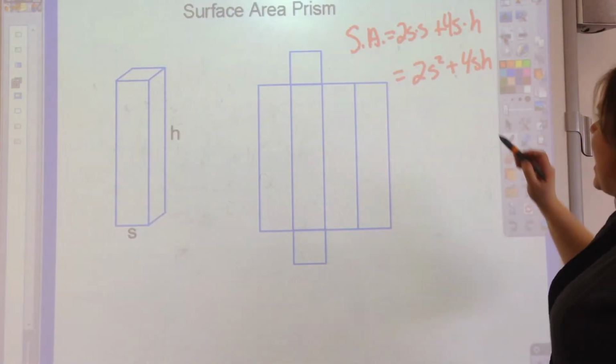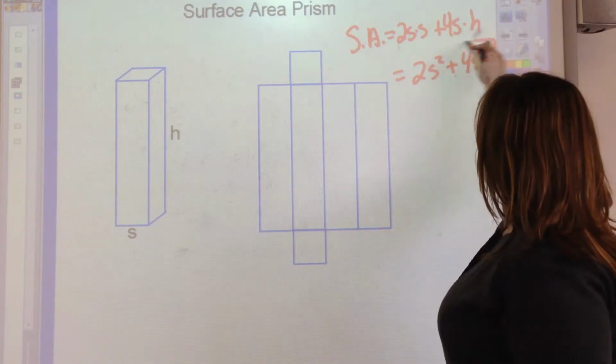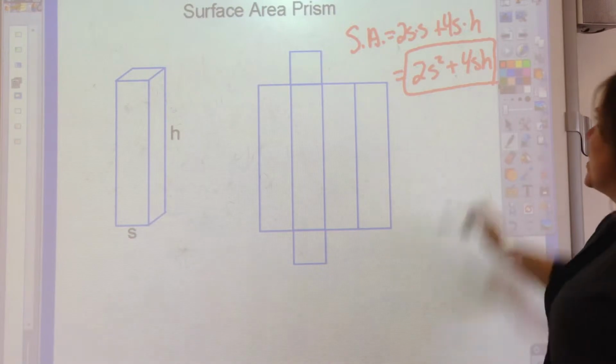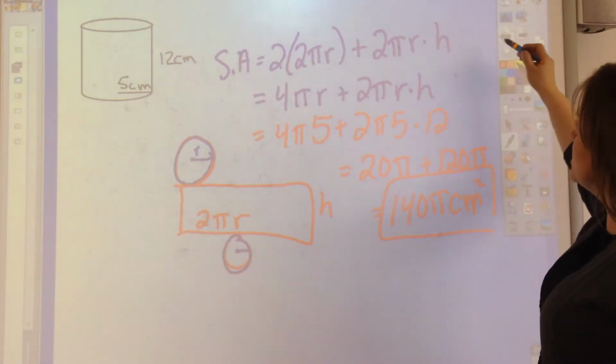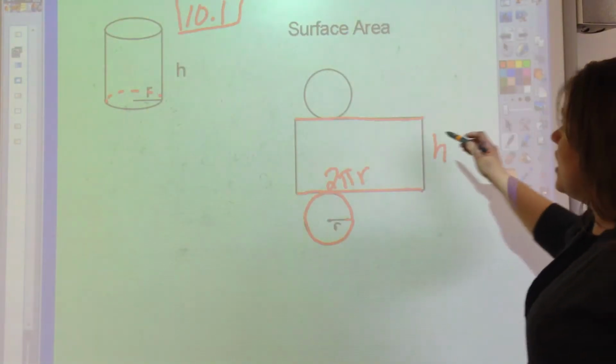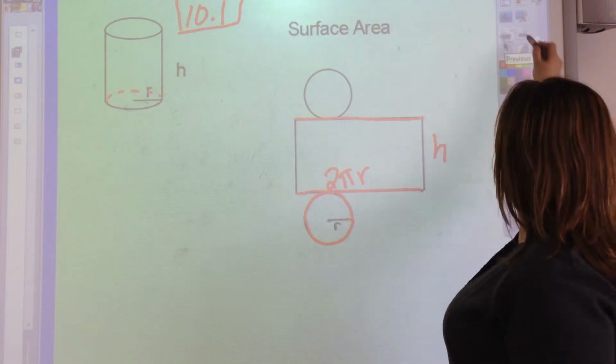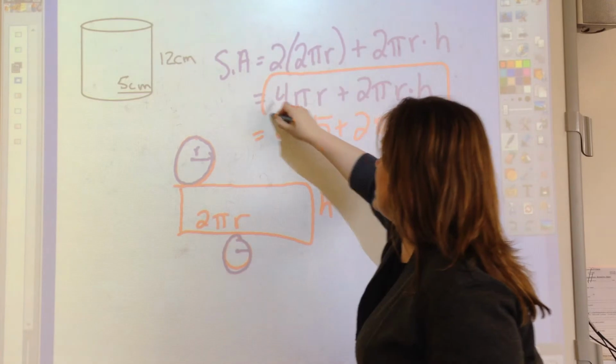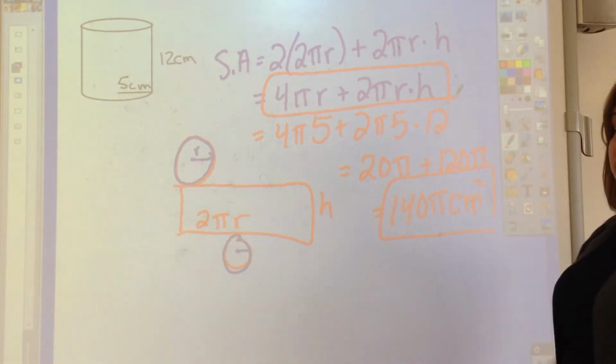If you want to add this formula right here to your theorem definition postulate page, I would recommend it. You've got this area for a prism and, oh, I got erased. Here we go. This surface area for a right cylinder.